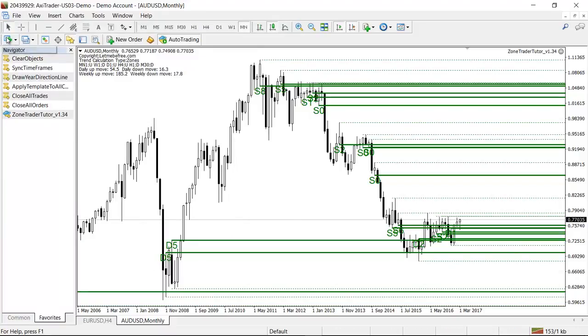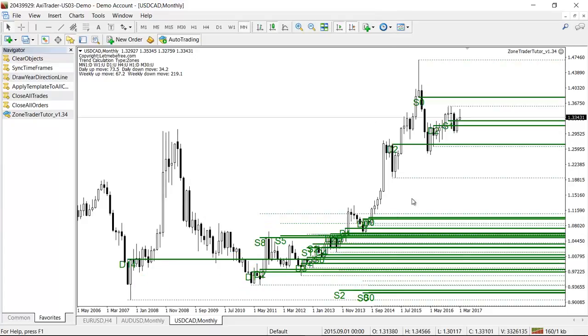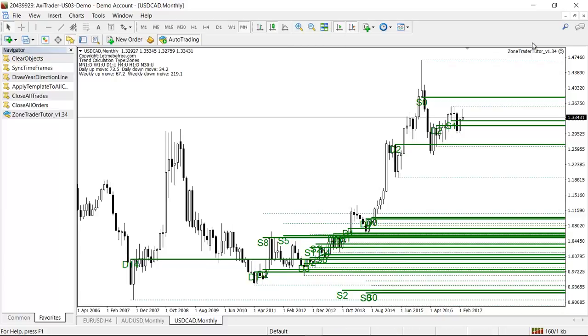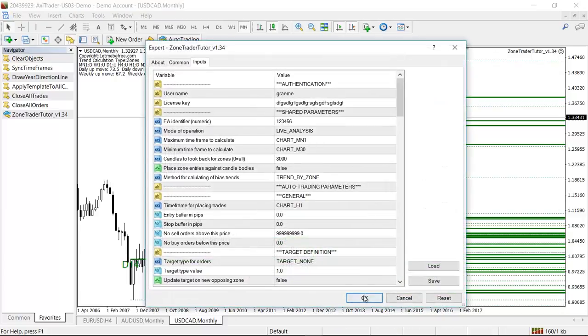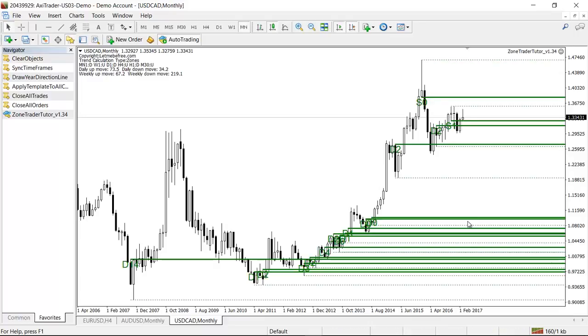Now we'll just go to another chart, USD CAD, and apply baseline 2. Now I'll show you why it's got all these extra lines in a second. A little trick I'll show you: it's actually got some lines left over from the AUD USD chart.